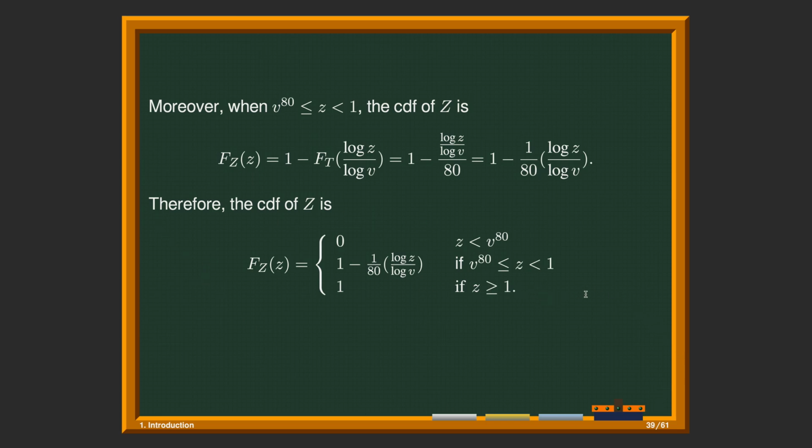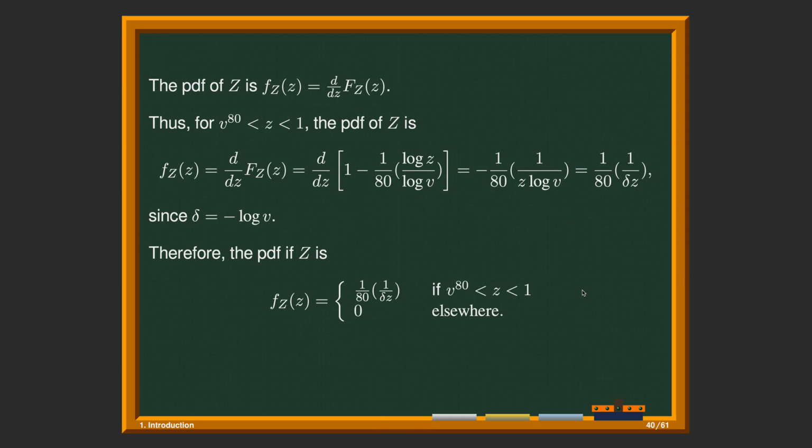And of course, we just have to differentiate that CDF to get the PDF with respect to Z. So we plug that in. So negative log of V is delta.